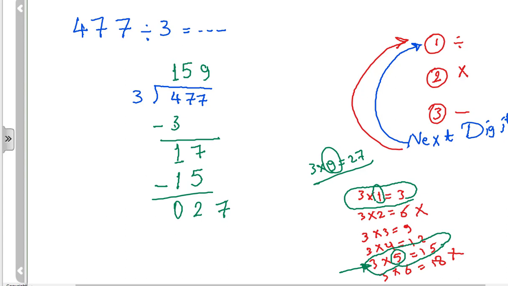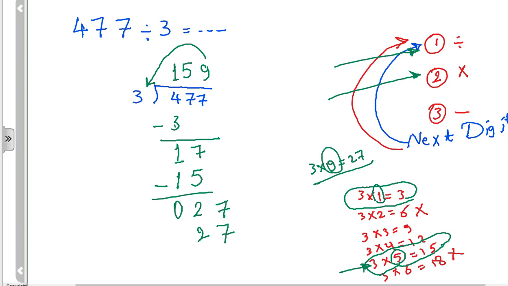And now, what step should we do? We've finished the first step here, so move to multiply. Multiply what by what? 9 times 3. And 9 times 3 equals 27.